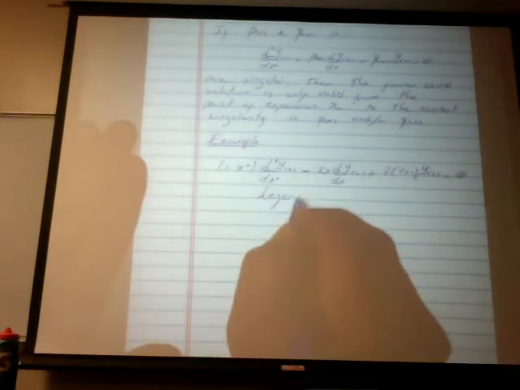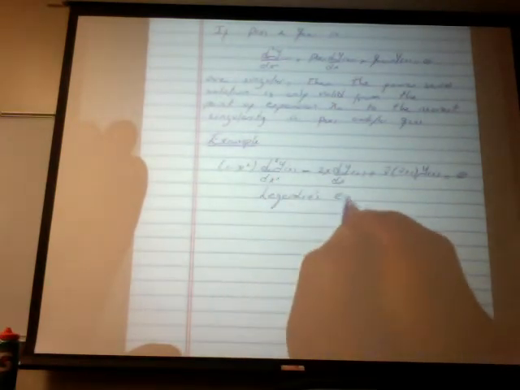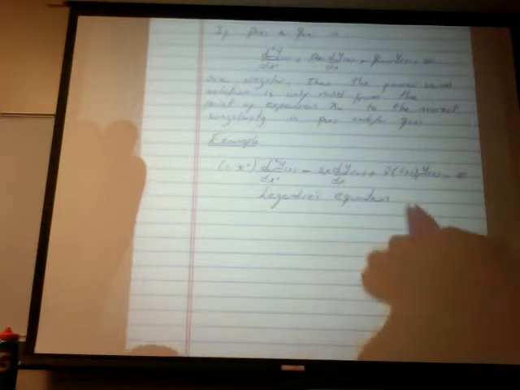We call this Legendre's equation. Okay, and again, this is not arbitrary. That equation looking like that is not arbitrary.